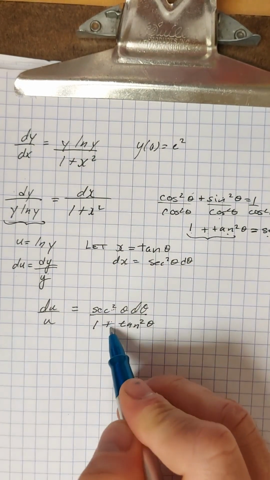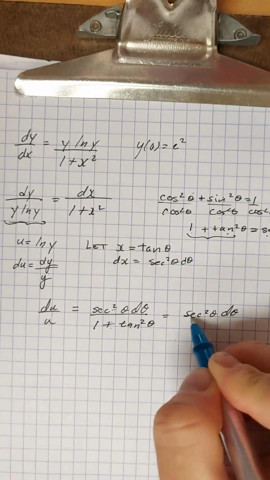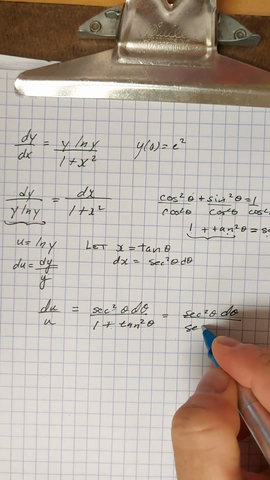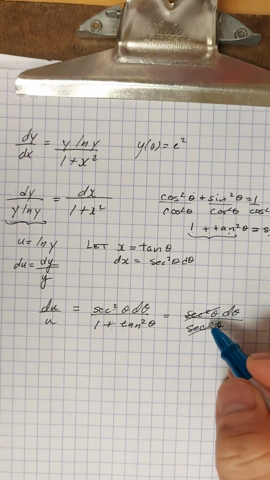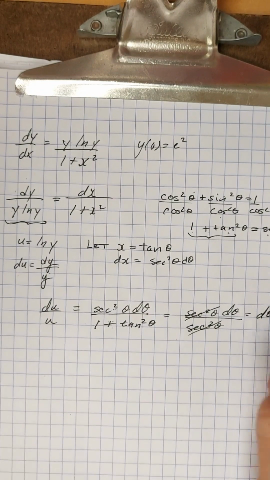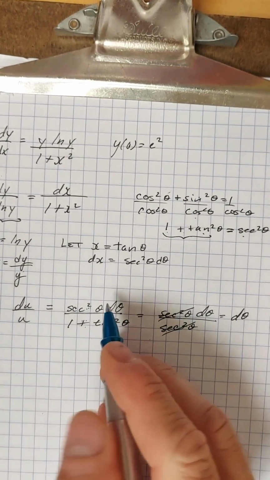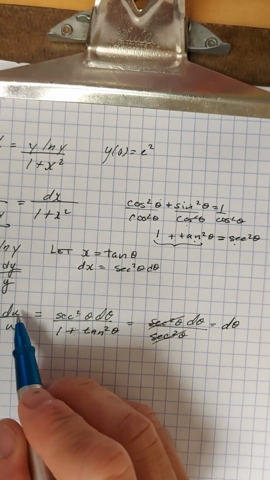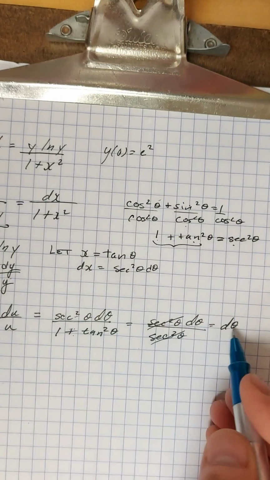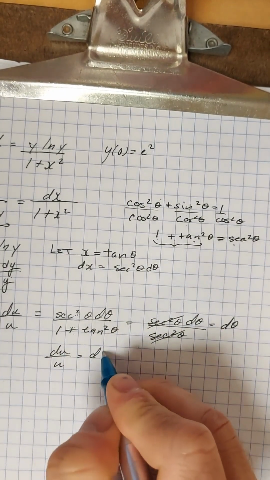So actually this ratio is secant squared theta d theta over secant squared theta, and those reduce to 1. So this is actually just the integral of d theta. So this really complicated integral on this side, and this reasonably complicated one on this side, simplify quite nicely to just du over u equals d theta.